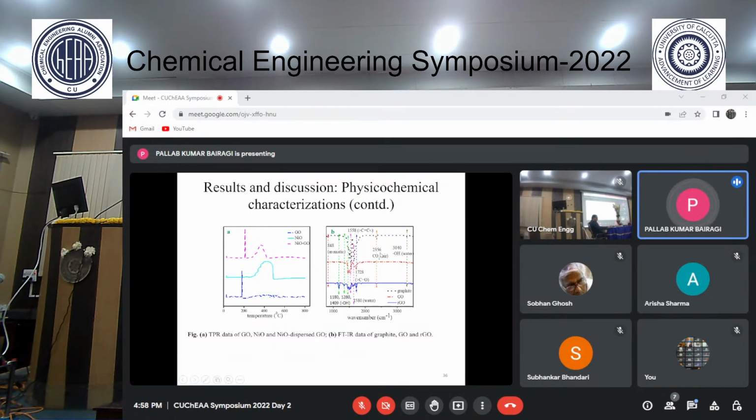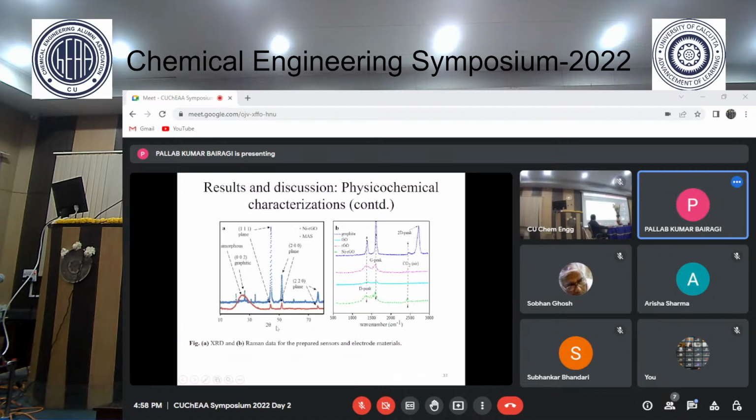This is the FTIR data measured for graphene oxide and reduced graphene oxide, which indicates the formation of reduced graphene oxide during the development of the material.